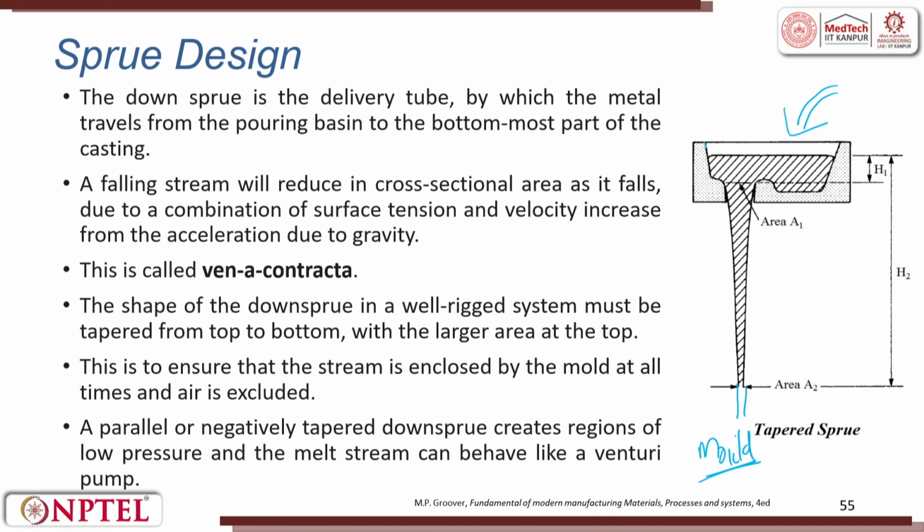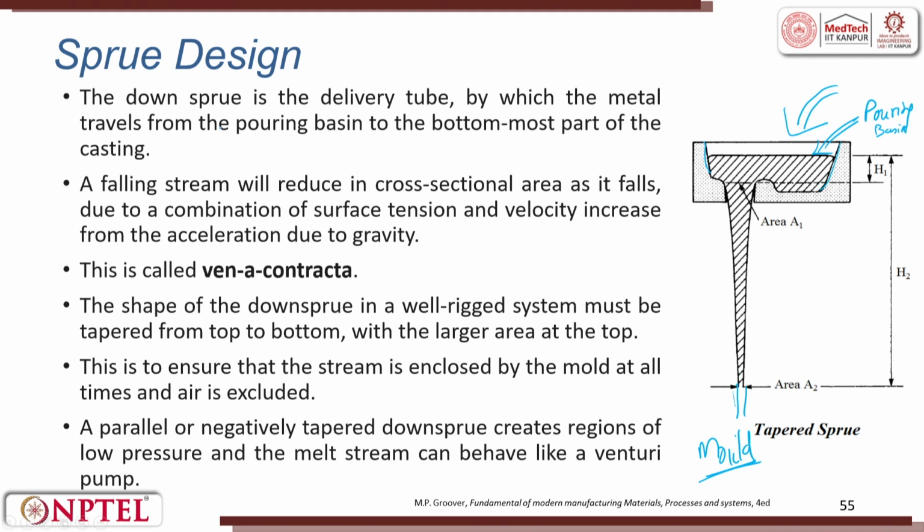It has a wide opening which is called the pouring basin. From the pouring basin, the hot liquid will flow down towards the mold. So, this portion is called the sprue.